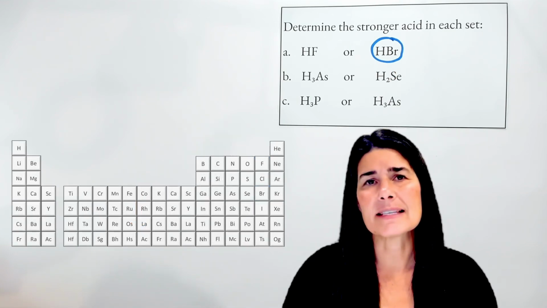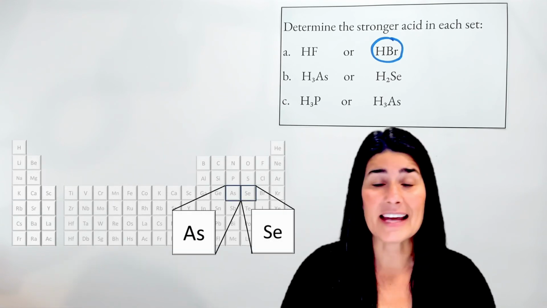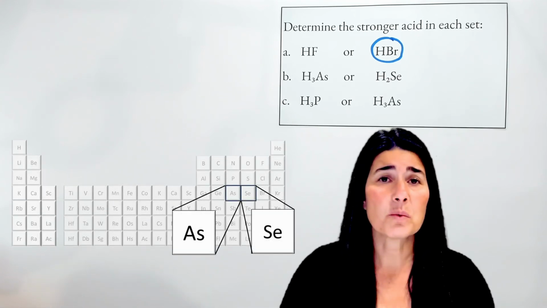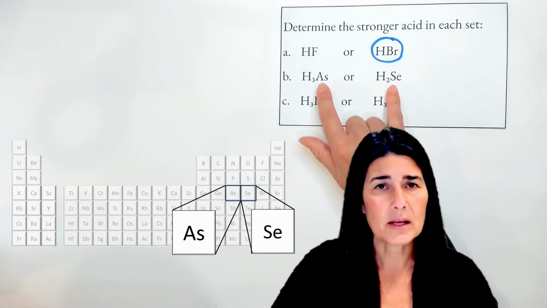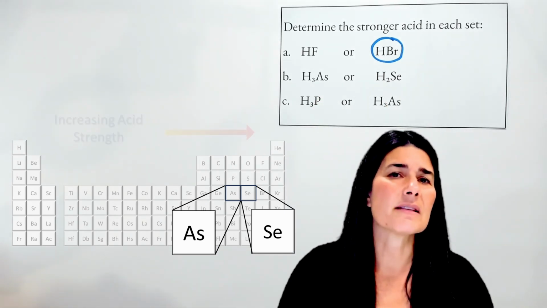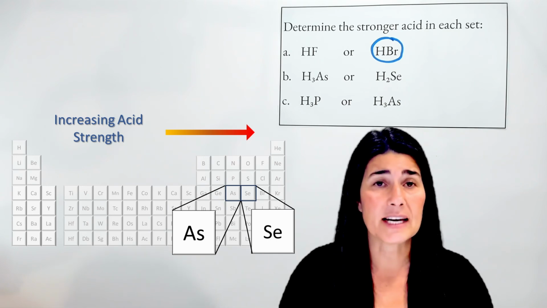Now let's look at example B. We have H3As and H2Se. So we're going to compare the positions of arsenic and selenium. When we do that, we notice that they are in the same row or period on the periodic table.